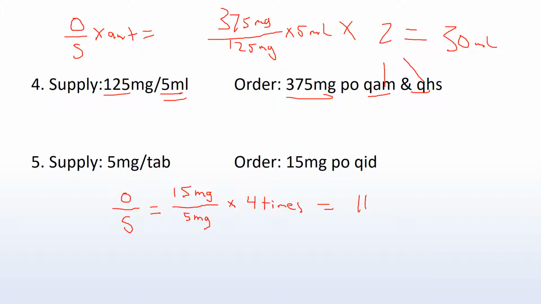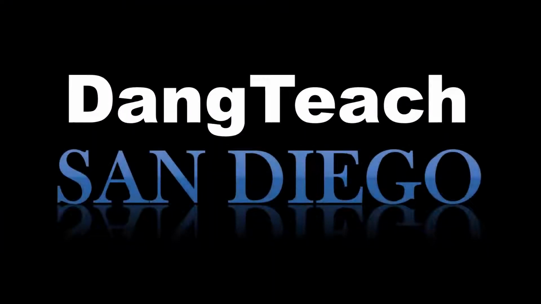So this is going to be 12 tabs. Very good. If you got 12 tabs, very nice. If you did not get 12 tabs, we still have a lot of time.